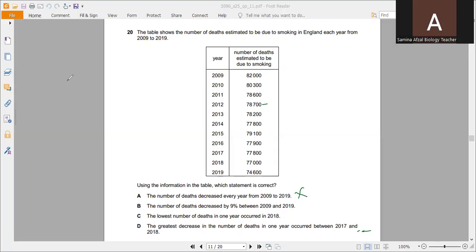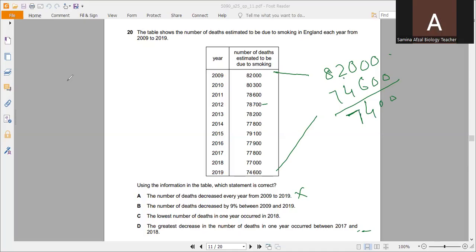As you can see, in 2009 they were 82,000, and in 2019 they were 74,600. So they decreased by 7,400.